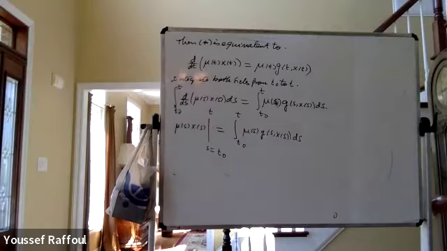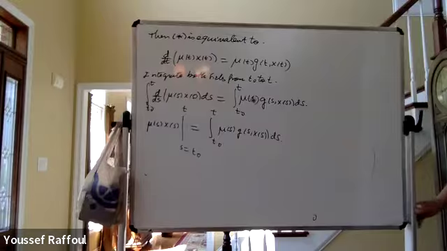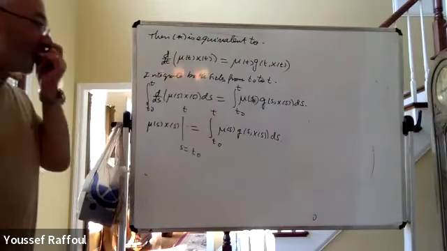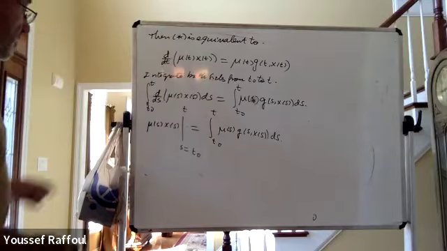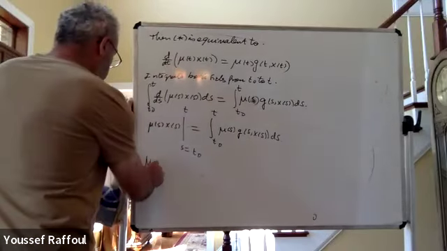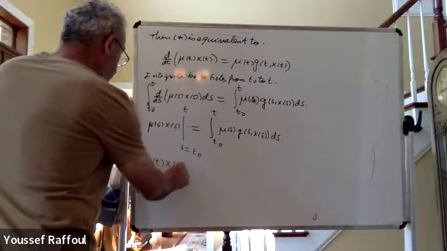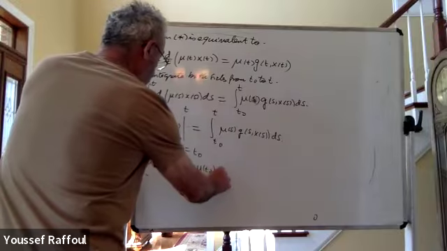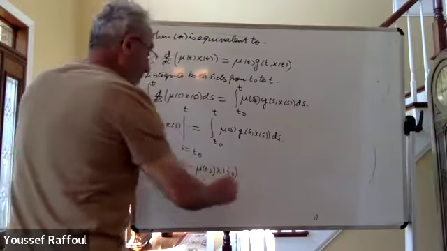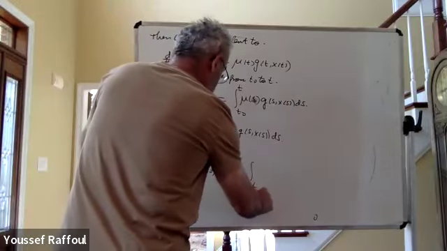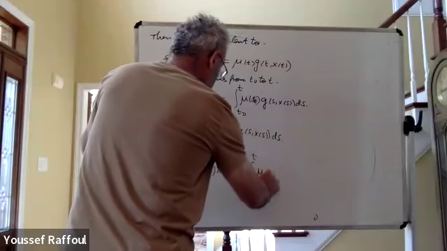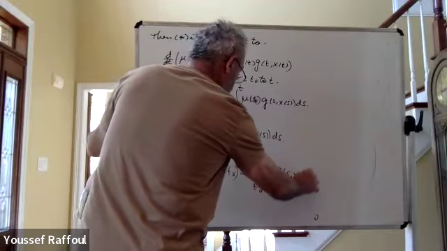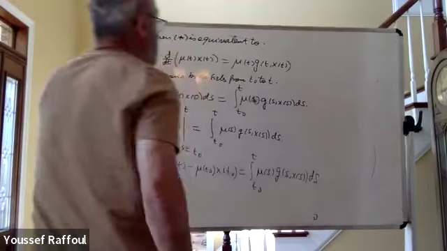Let you catch up. All right, so this is mu(t) x(t) minus mu(t naught) x(t naught) equal to the integral from t naught to t of mu(s) g(s, x(s)) ds.